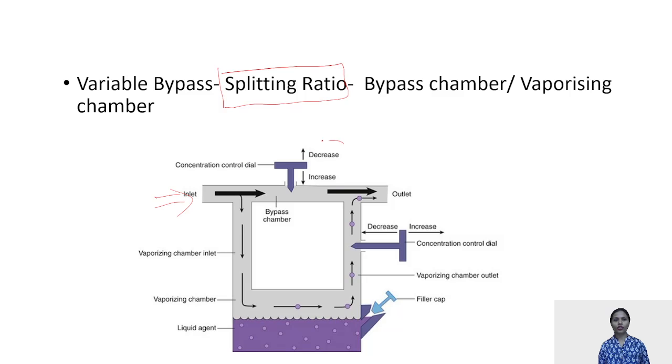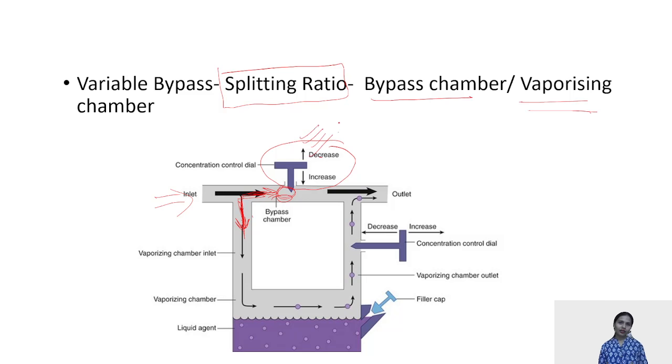This is the concentration dial, and this is the splitting ratio, that is, how much of the gas is going to flow through the bypass chamber and how much through the vaporizing chamber. How much fresh gas will be flowing through the bypass versus the vaporizing chamber can be changed by changing your concentration dial.